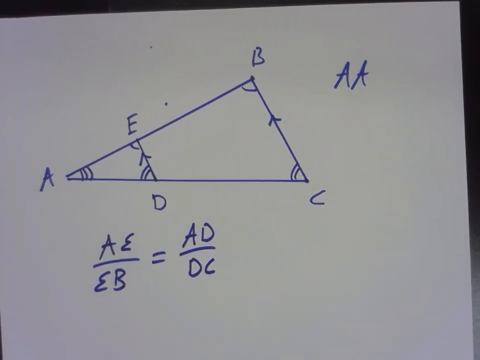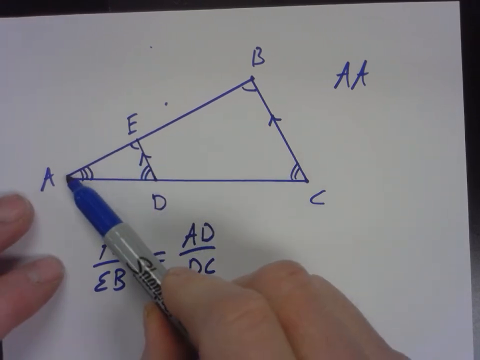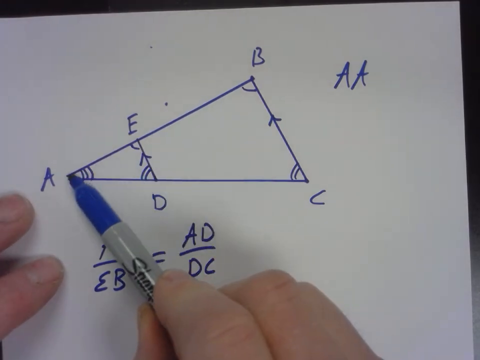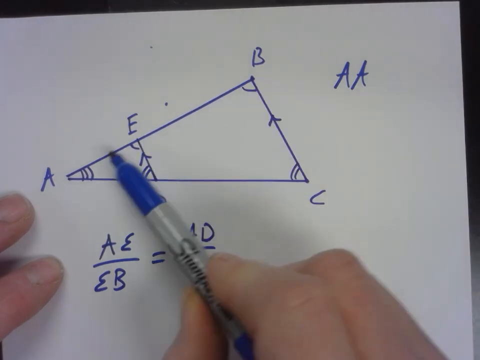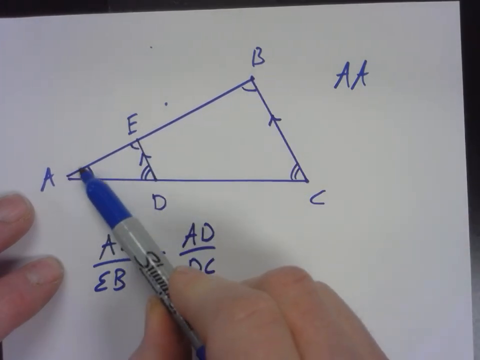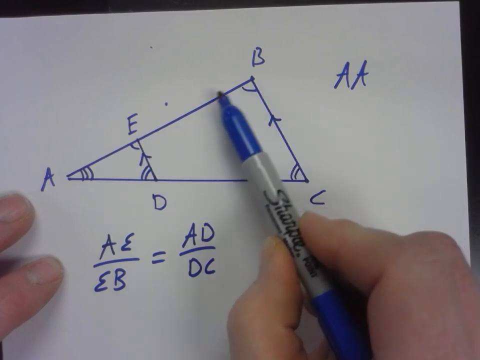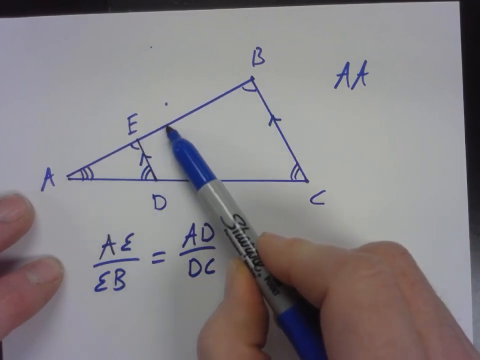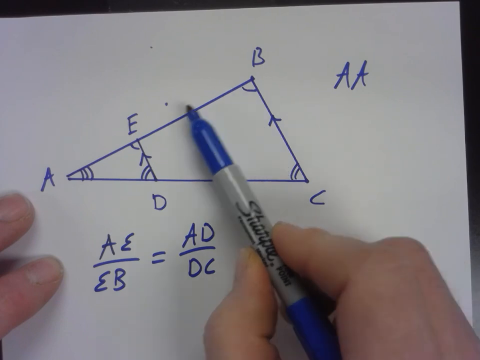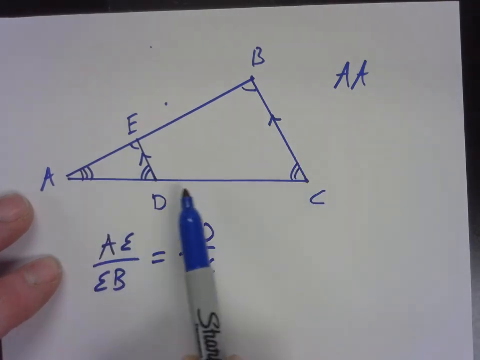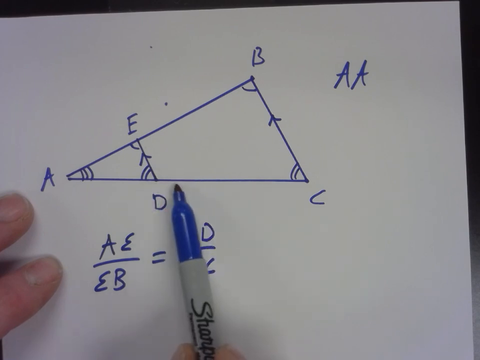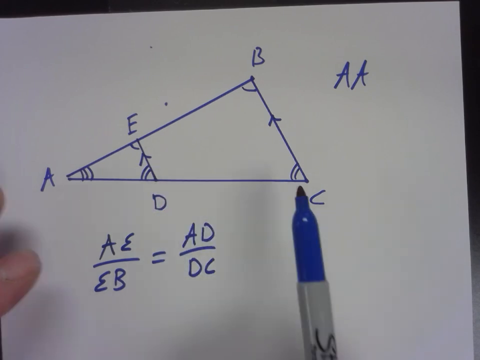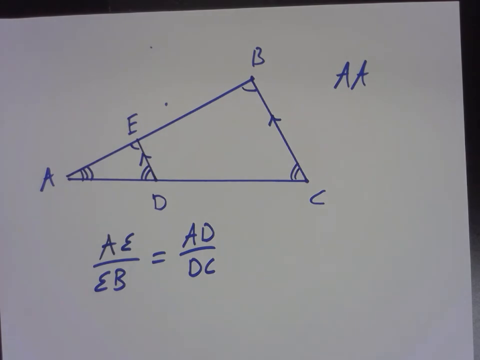And you'll notice here, I'm not talking about the full sides of the triangle. I'm just talking about this piece over EB, that ratio. You notice this is quite a bit shorter, isn't it? Does it look like maybe it's a third as long or so? Thirdish? Okay. AD over DC. Does AD also look like it's about a third as long as DC? Okay. So that proportion holds true.